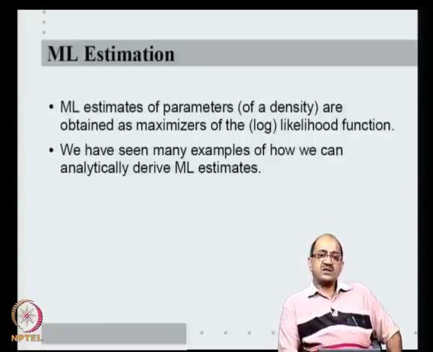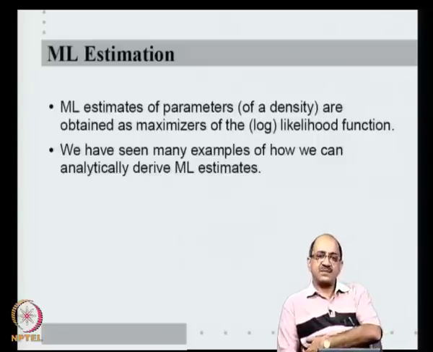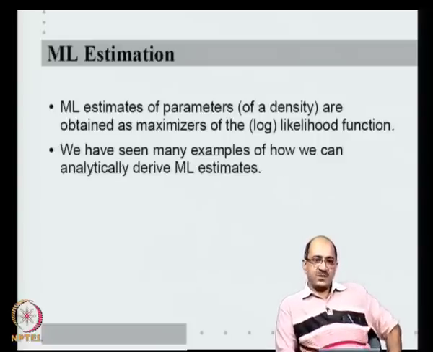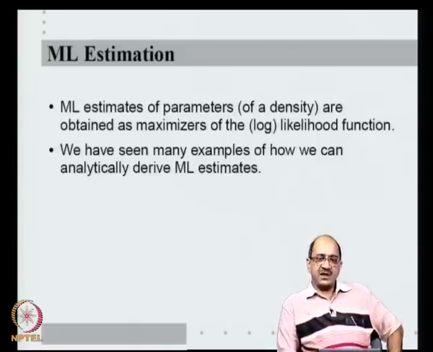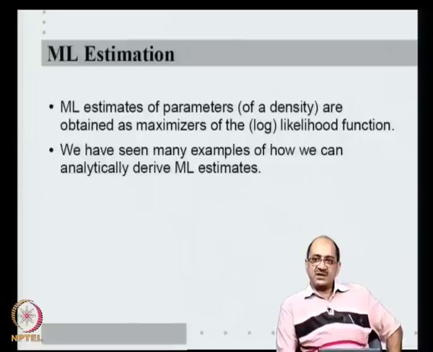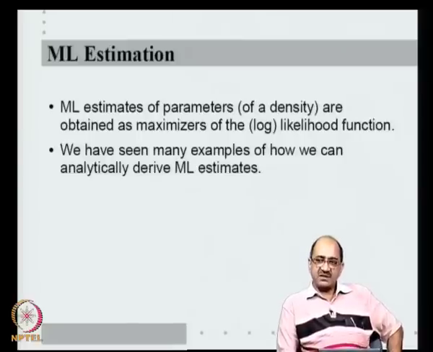It turns out that the ML estimates are such sample means. For example, the ML estimate for the mean of a normal density is simply the sample mean. For an exponential density, the parameter is lambda, and lambda is related to the mean of the density by expected value of x equals 1 by lambda, and hence the ML estimate for lambda turns out to be 1 by the sample mean, and so on.